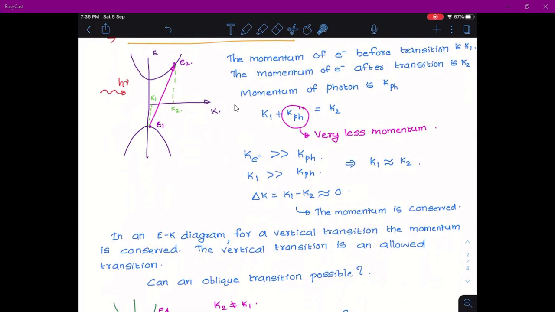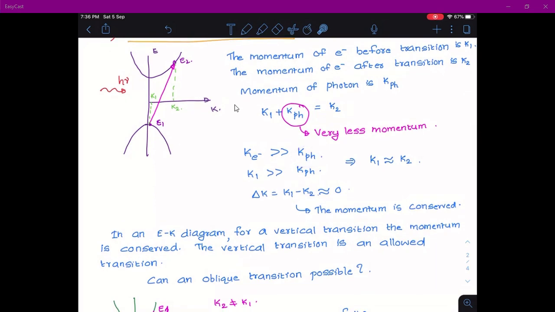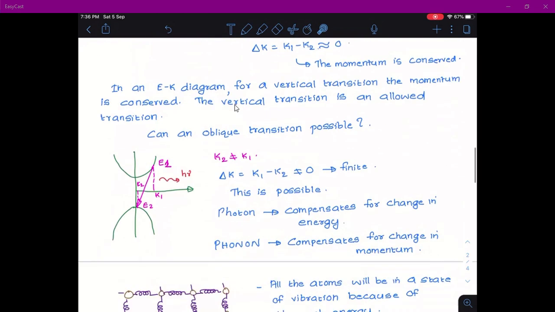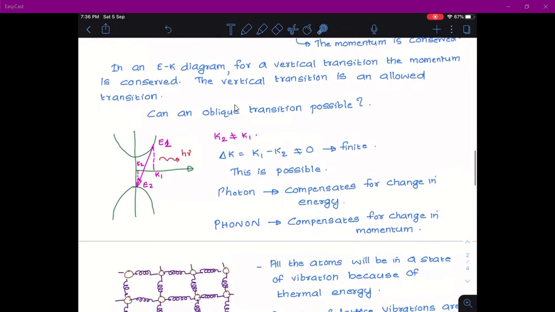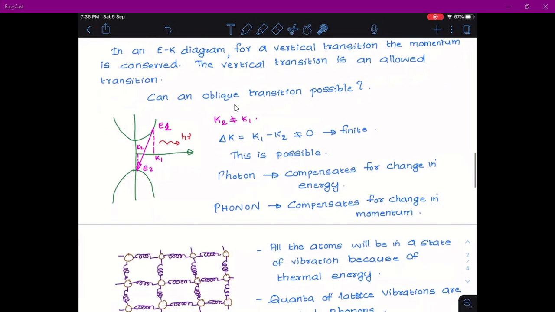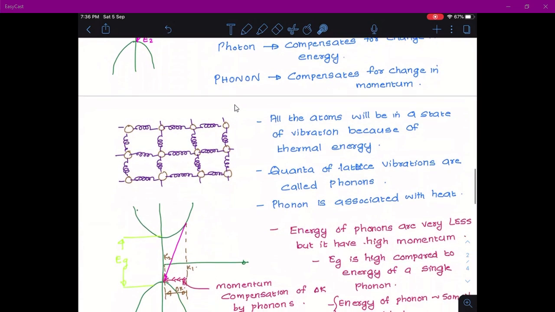We also saw that the momentum of a photon is very small compared to an electron, because of which you can neglect it and the momentum is approximately 0. So is it possible to have an oblique transition? Yes, it is possible. For that we need to compensate the change in momentum using a particle called a phonon. And what is a phonon? A phonon is the quantum of lattice vibrations.